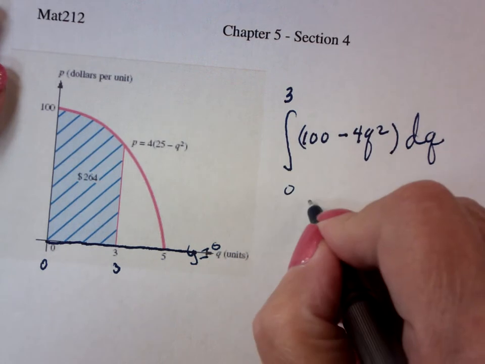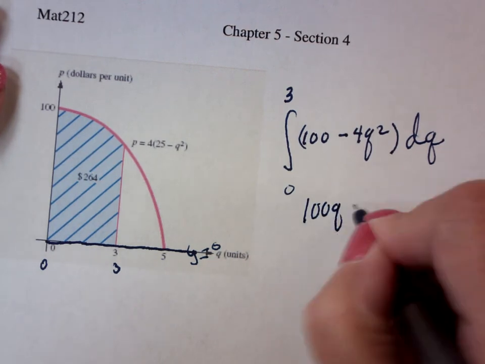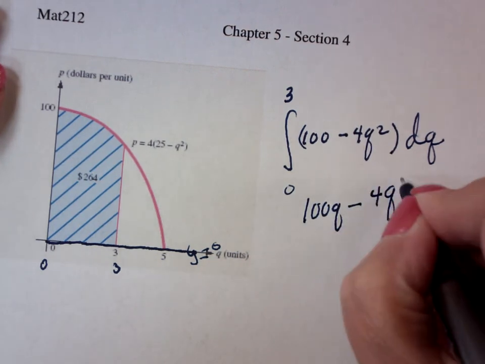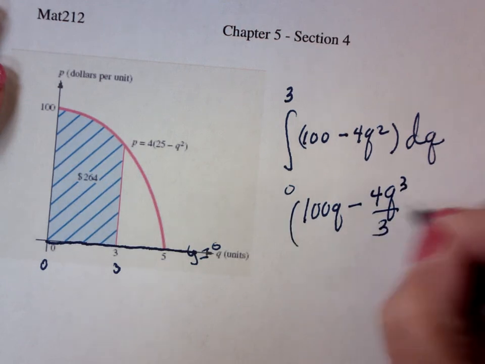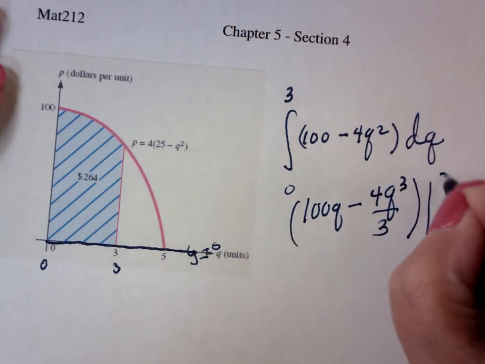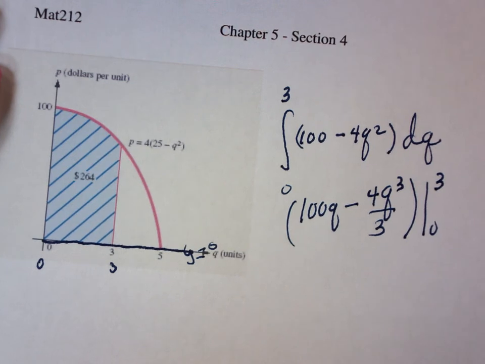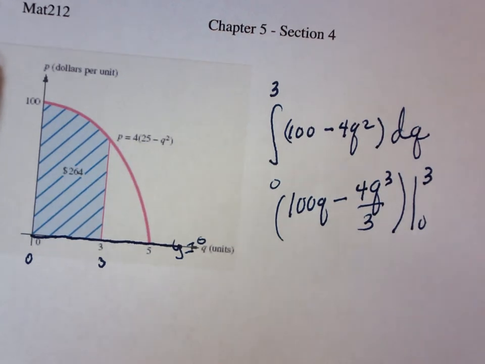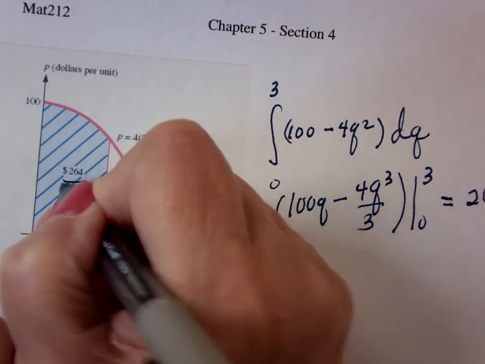So now this is 100q minus 4q cubed over 3, evaluated from 0 to 3. And if you do the problem correctly, and I'll let you do the problem, this is going to be equal to 264, and that's essentially this number that they put in here.